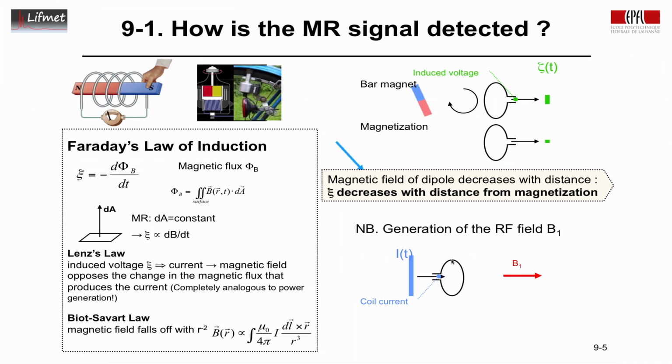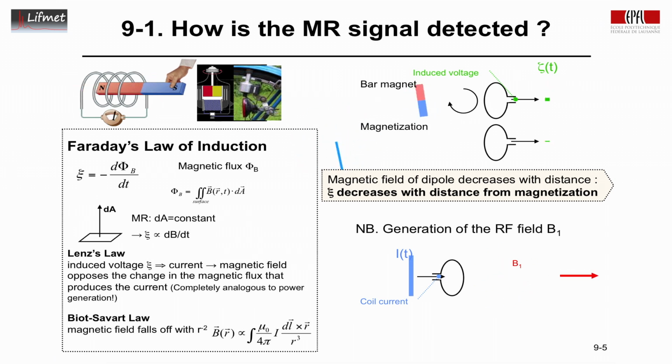Now, this will just generate a linear polarized B1 field, but we can always consider any linear B1 field to be a superposition of counter-rotating circular polarized B1 fields, and one of them is going to precess at the right frequency. So if we have the current running in the coil, then at this point we will generate a B1 that is indicated here.